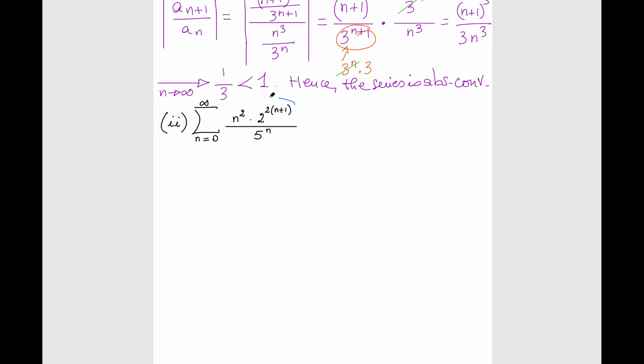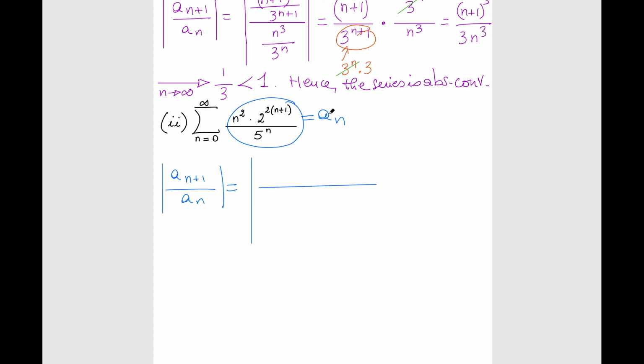Now the an looks like this. That's the an term. We're going to also take a look at the ratio test. So we're going to run the ratio test. Well, an plus 1 here, every n has to be replaced by n plus 1, right?